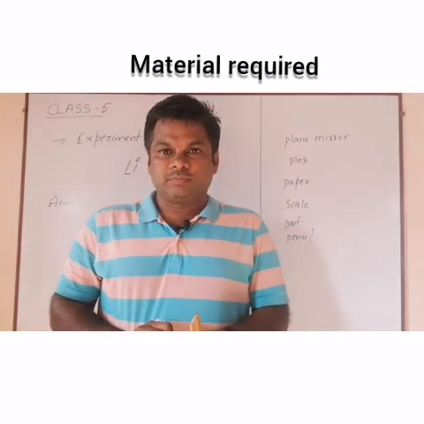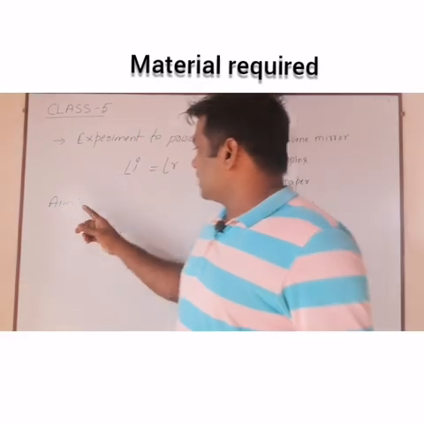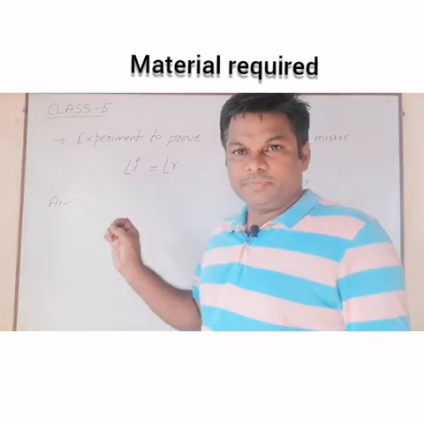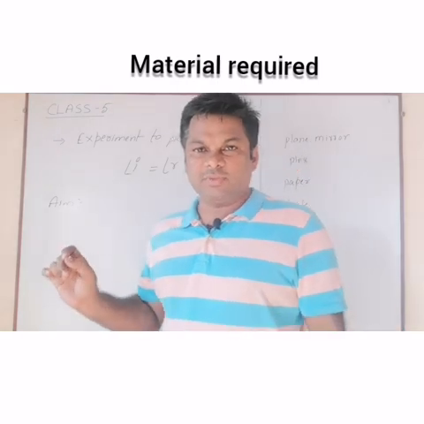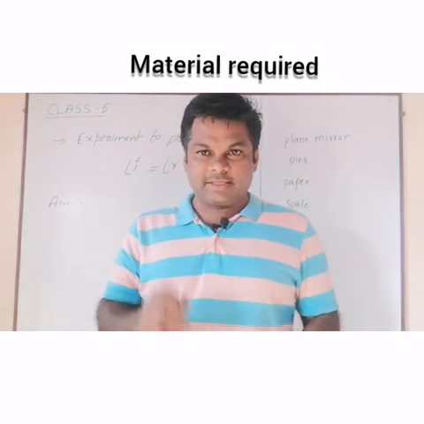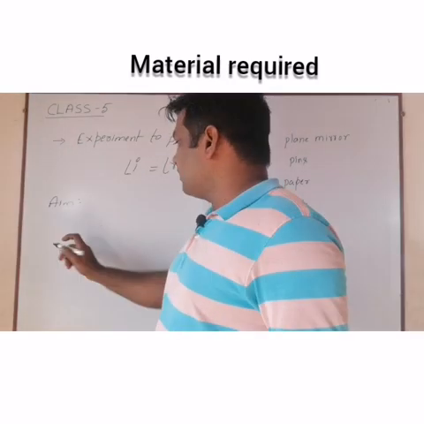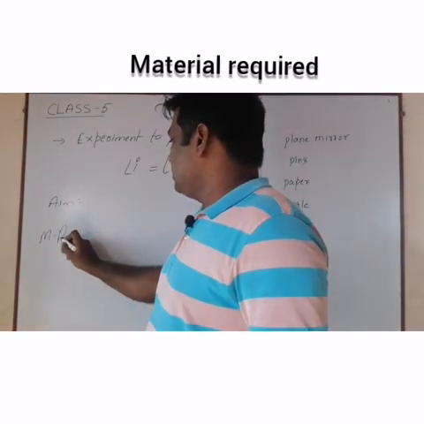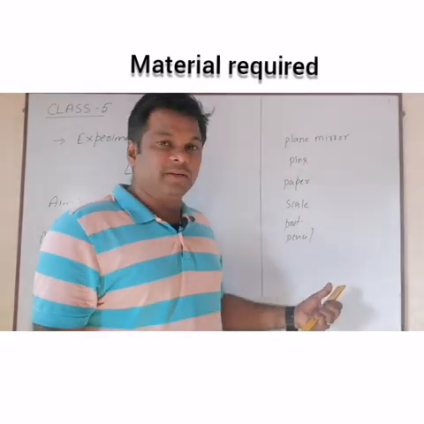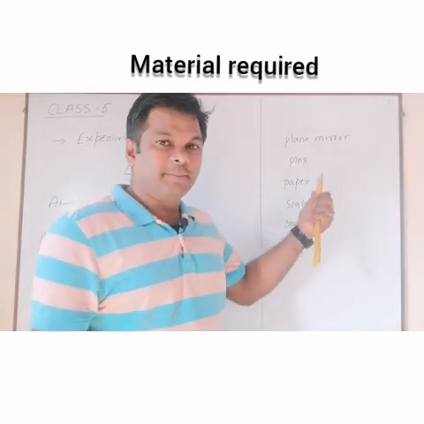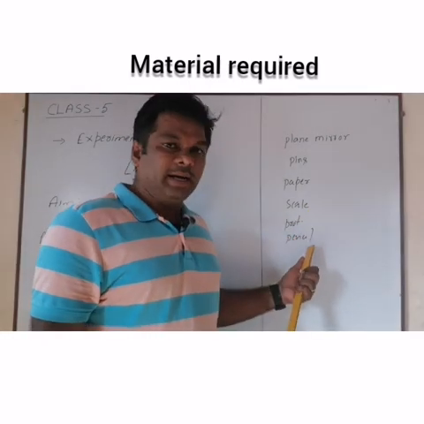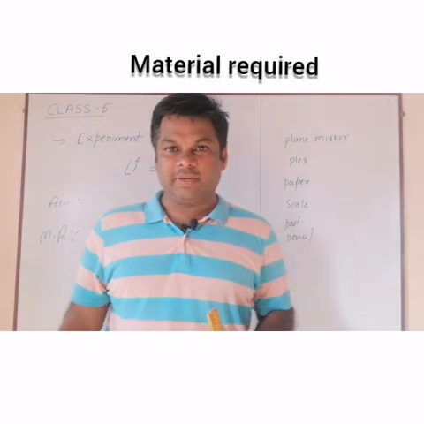Now our aim is verification of the first law of reflection. Next statement, material required. Take these things: plane mirror, pins, paper, scale, protractor and pencil. These are the materials required.